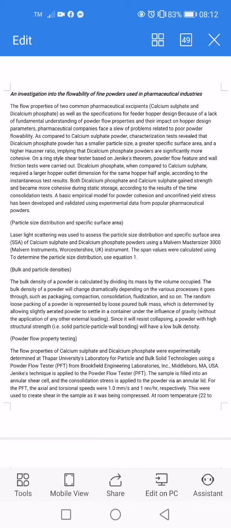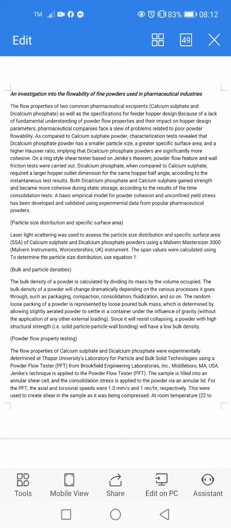So there are three main outline topics, which are the particle size distribution and specific surface area, the bulk and particle densities, and powder flow property testing.